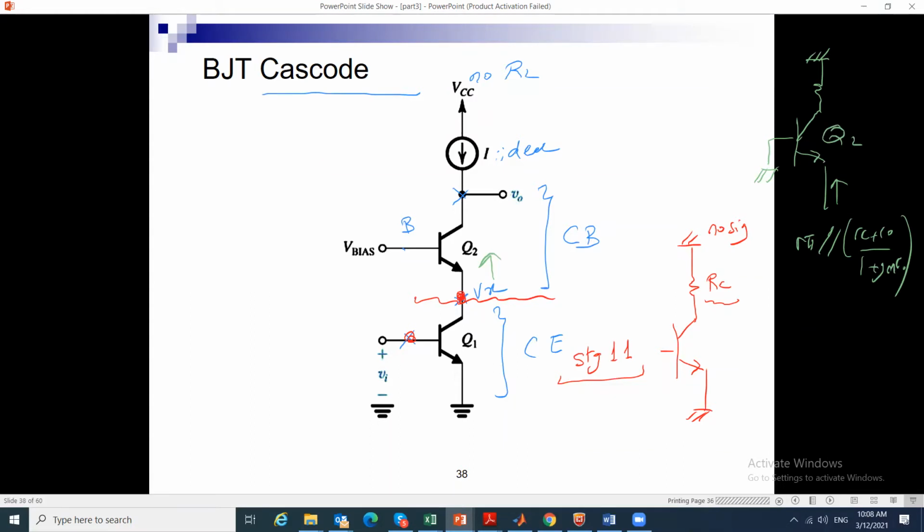And the Q2 has a resistor RC2 at its collector. If this is ideal, this is R infinity, okay? So RC2 tends to infinity, and automatically infinity plus a number over a number gives me R pi 2. Okay, so this becomes R pi 2.